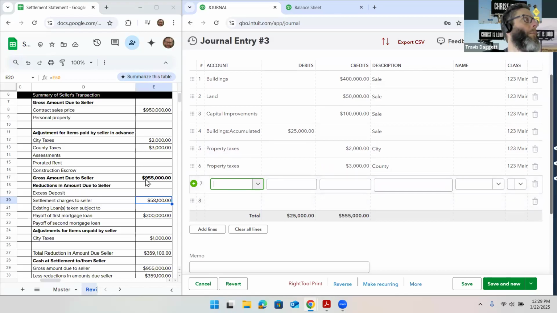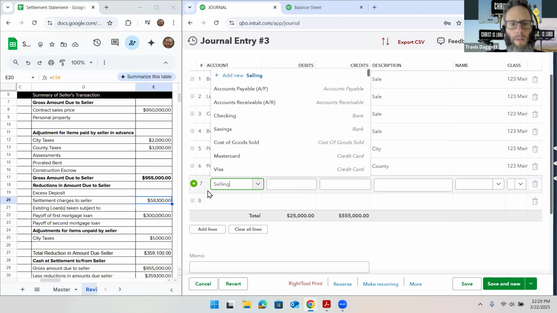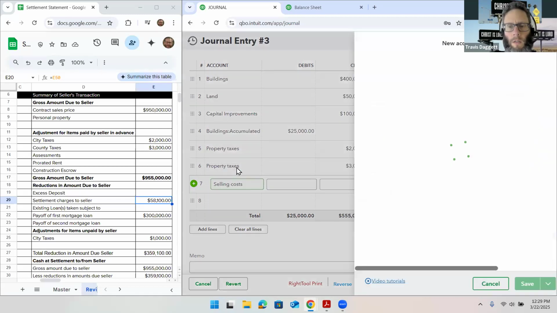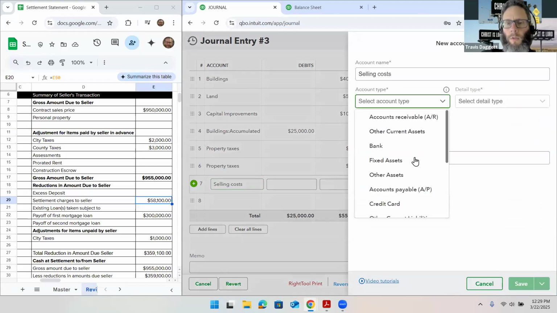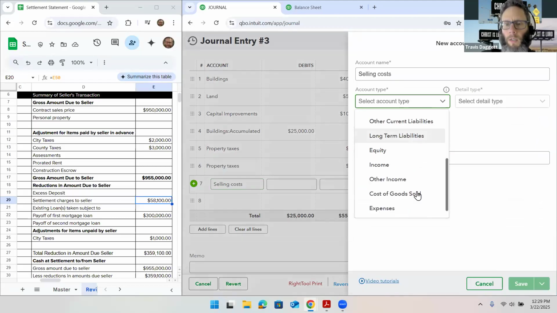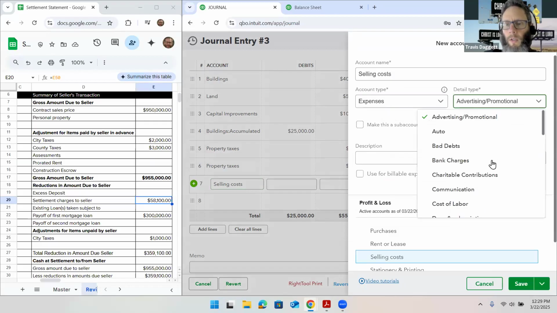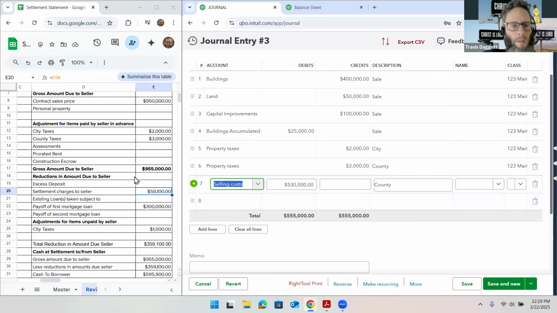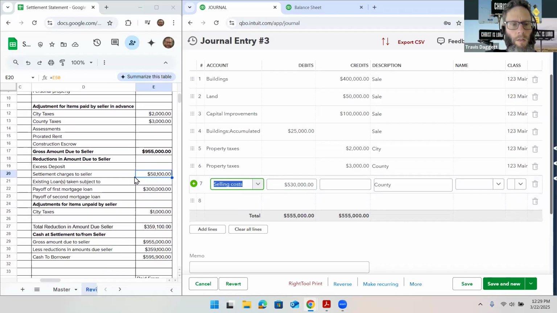Okay. Let's look at selling costs. This would have already been there, but again, I'm just adding them as we go. Okay. And let's see.